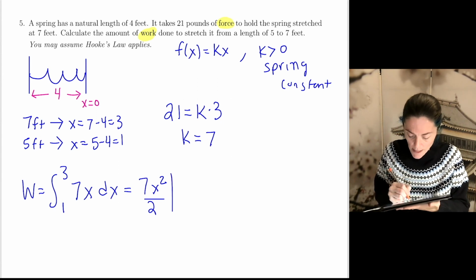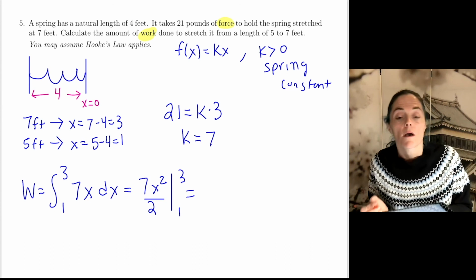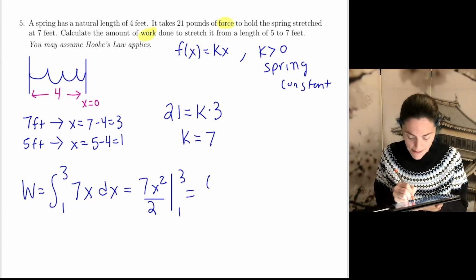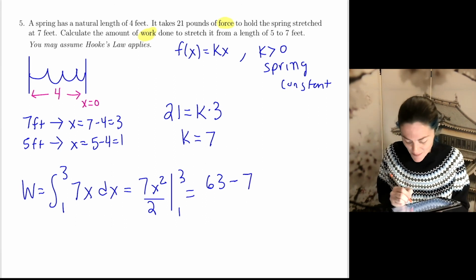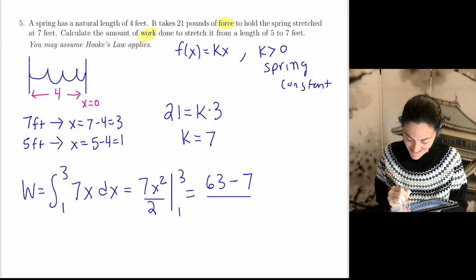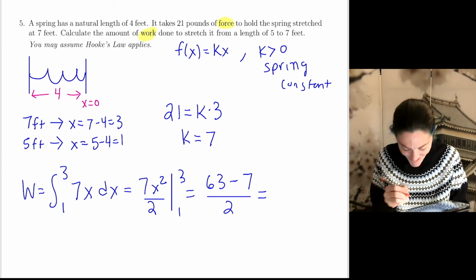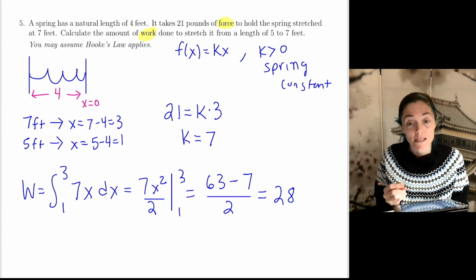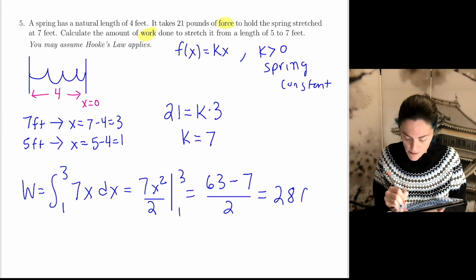And we evaluate between 1 and 3. This gives us 7 times 9, which is 63, minus 7 times 1, divided by 2. This is 56 over 2, or 28. And again, we are in US customary here. And so this is foot-pounds.